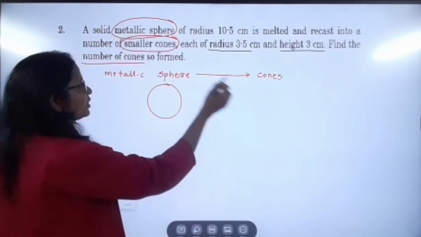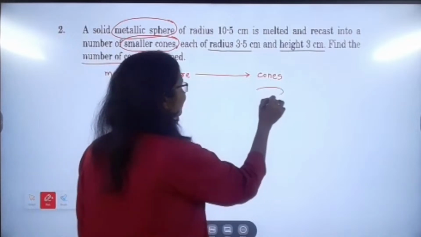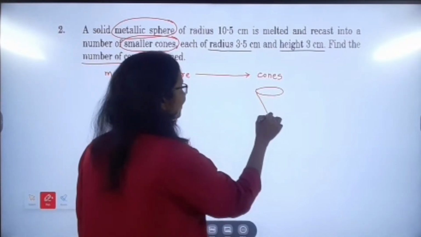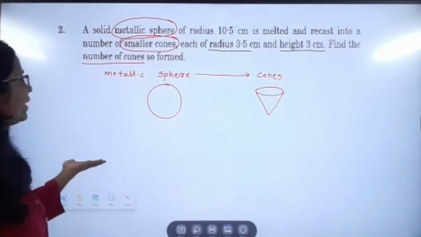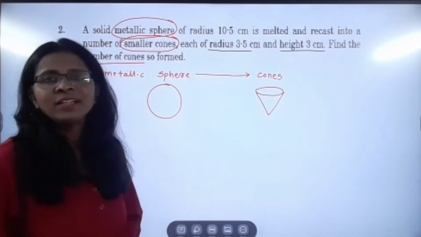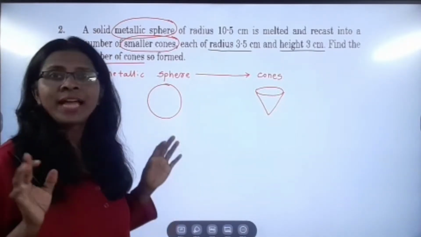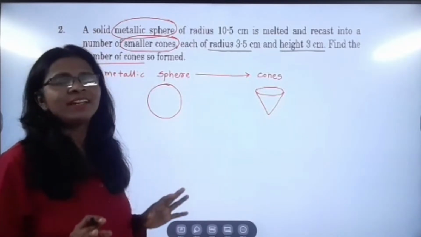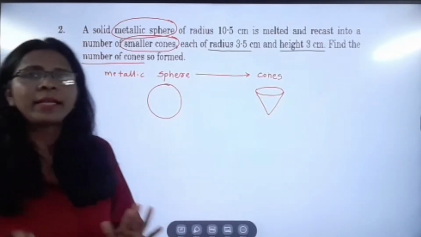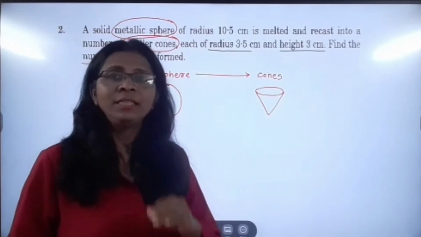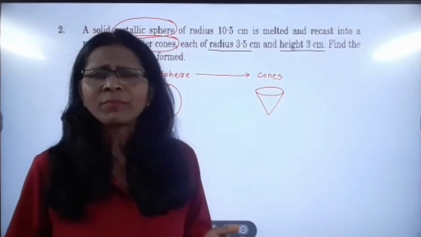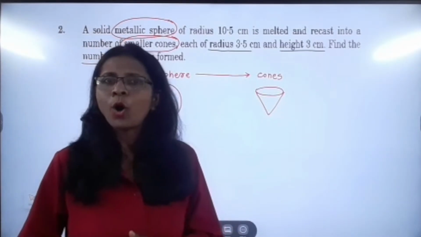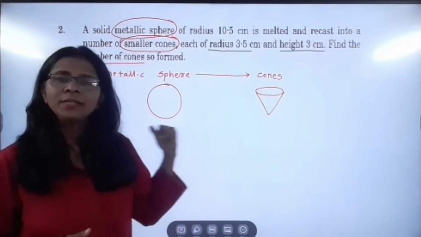There is a conversion of the sphere into smaller cones. So how many cones do we get? There is a relation: to find the number of cones formed, we have to calculate the volumes of both figures.